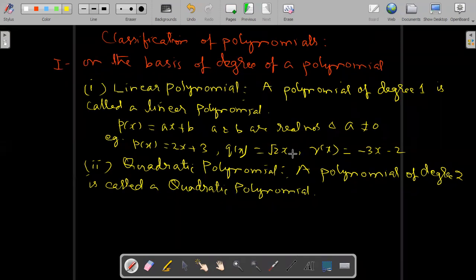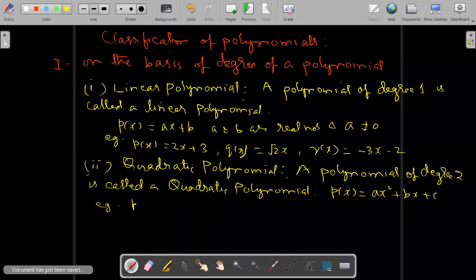The general form of px should be of the type ax square plus bx plus c. But it can have one term, two terms, or three terms, and the degree should be two.